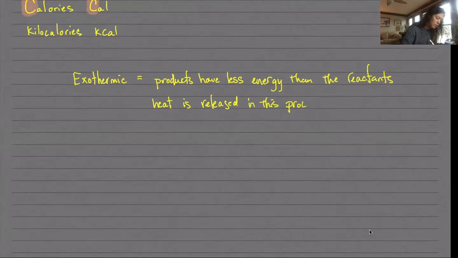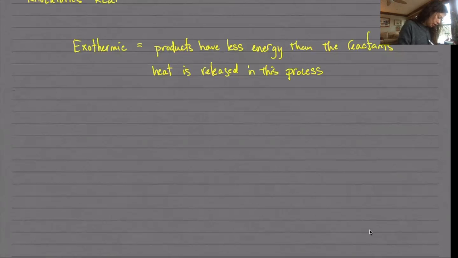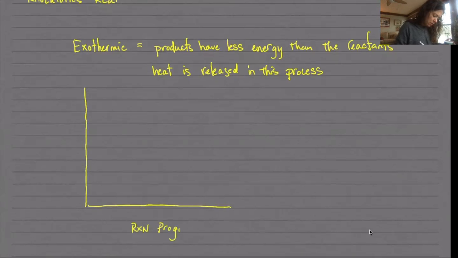Remember that heat is a form of energy, okay? So if you were to look at an energy profile, that just means a graph of the energy change as the reaction progresses in the forward direction, okay?